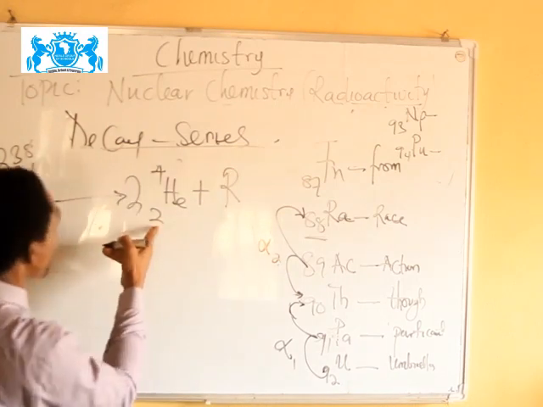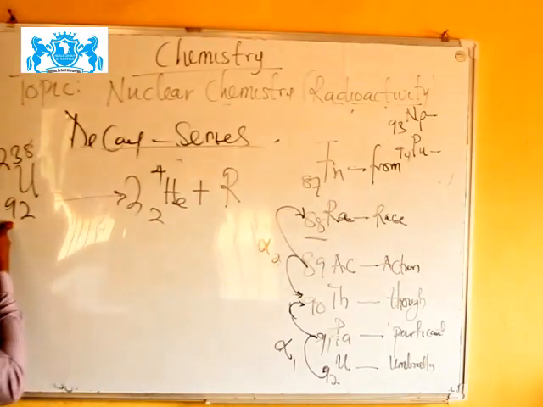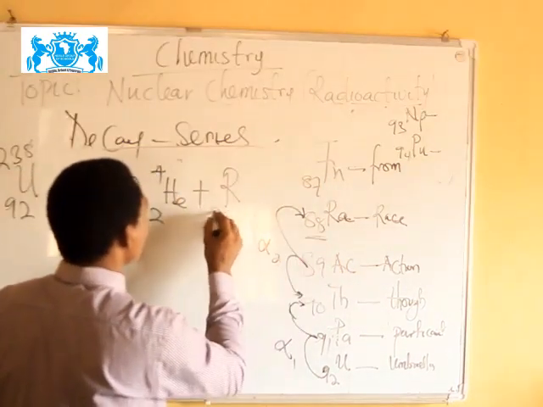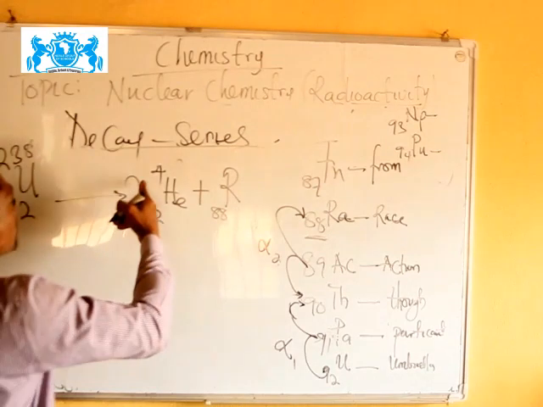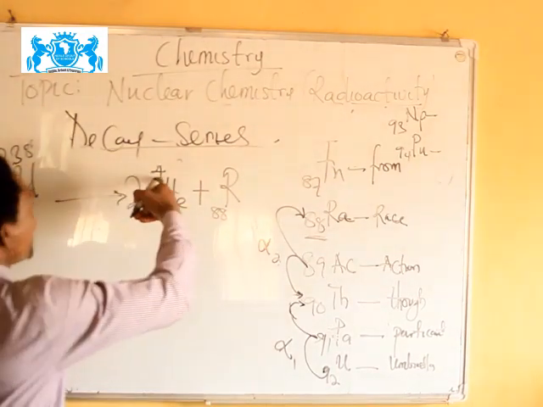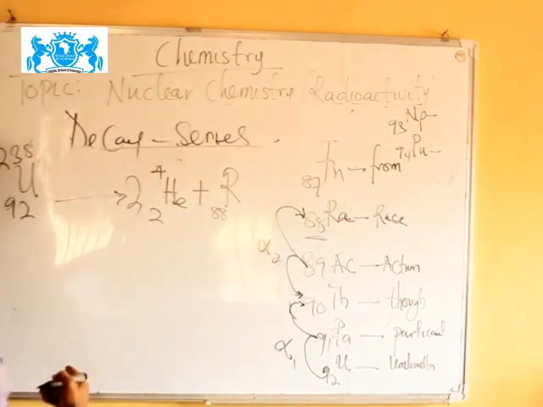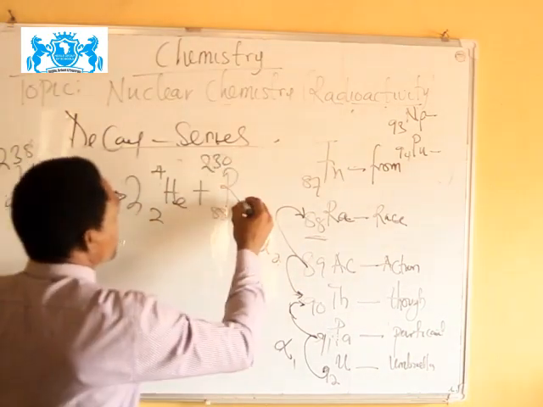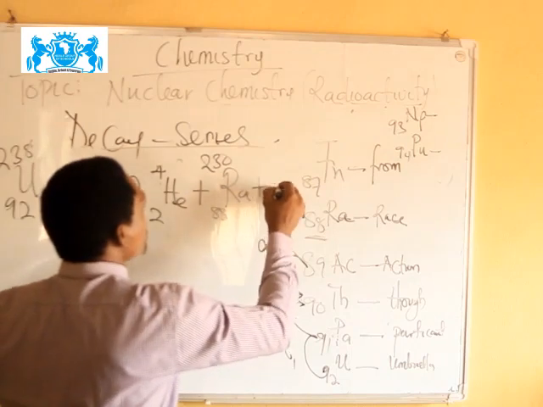You remove 2 times 2, which is 4, from 92, and it gives us 88. Then 2 times 4, which is 8, you remove 8 from 238, and it gives us 230. Radium plus 2 helium.